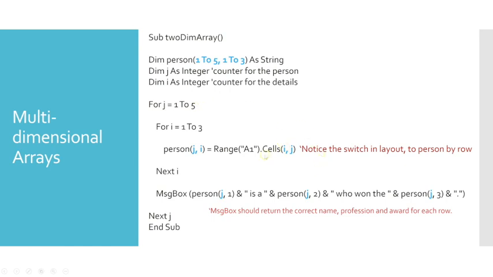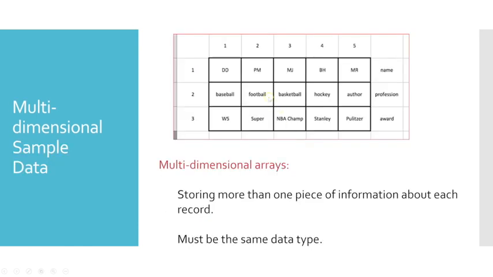So this code, because you're reversing the I and J in the worksheet compared to where you're putting it in the array, it's reversing the dimensions. The array is going to be 5 rows and 3 columns, but in the worksheet we have 5 columns and 3 rows.